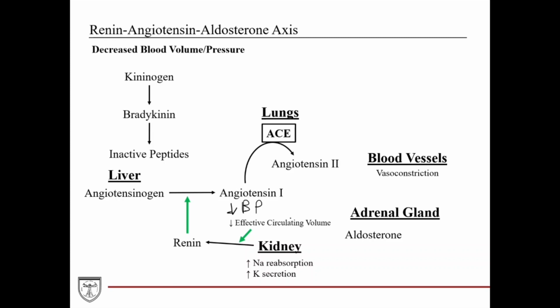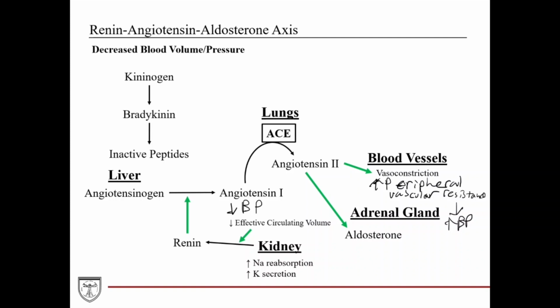Angiotensin 2 has two primary effects. One, it's going to cause increased vasoconstriction, which is going to cause increased peripheral vascular resistance, which results in increased blood pressure.